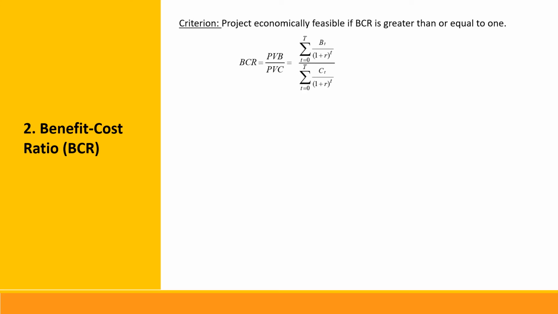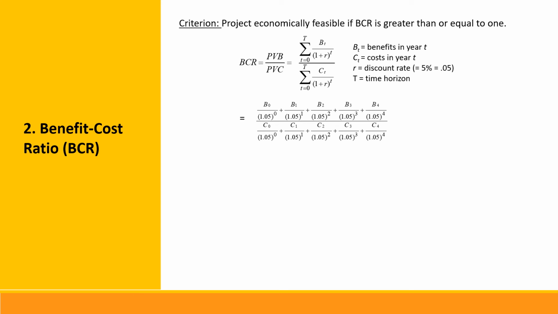So we sum the present value of the benefit at each year, divided by the present value of the cost in each year. In this formula, B subscript T is benefit in year T, C subscript T is cost in year T, discount rate is R, and T is the time horizon.